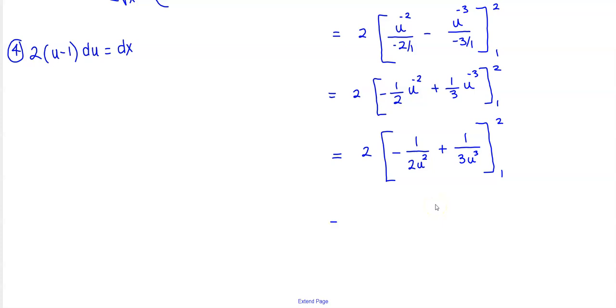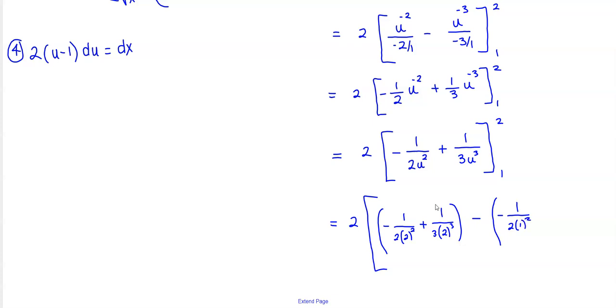So now let's evaluate. We have 2 times, and in parentheses, negative 1 over 2 times 2 squared plus 1 over 3 times 2 to the third power, minus negative 1 over 2 times 1 squared plus 1 over 3 times 1 cubed.